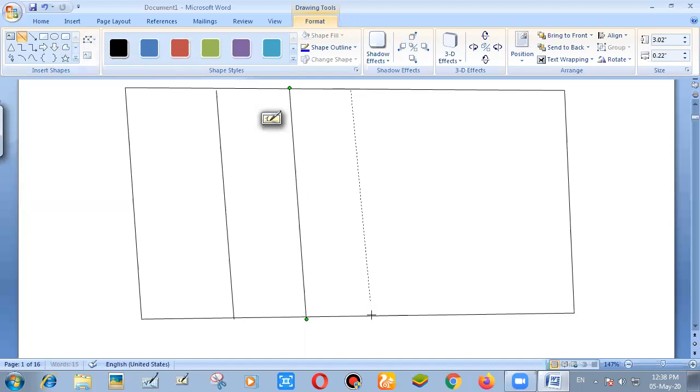All of you draw the table in your copy. Make the table. Where is my scale? Now where is my pencil? This one.